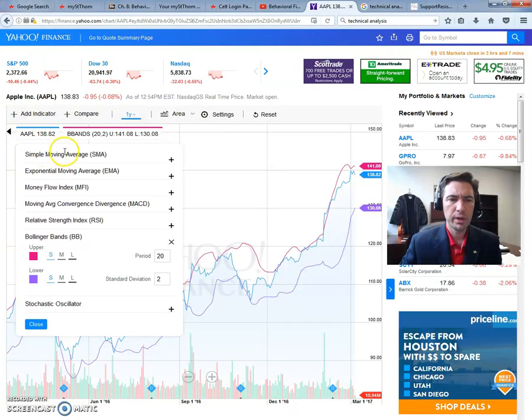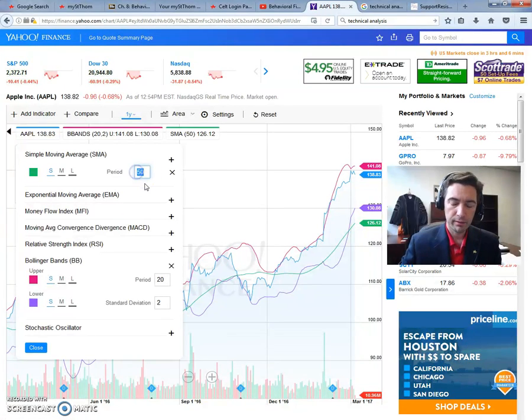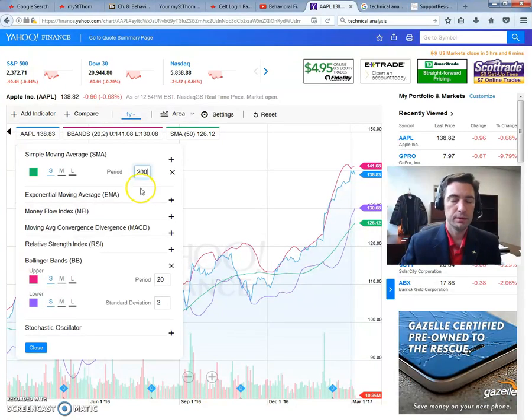So an important indicator is the simple moving average. You can have a 50-period simple moving average, or you can have a longer trend, 200 period moving average.